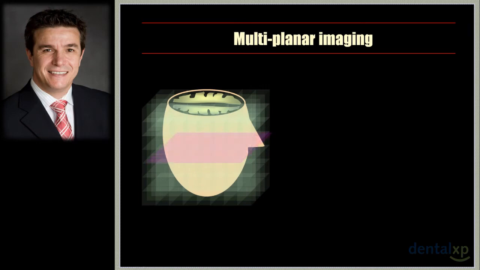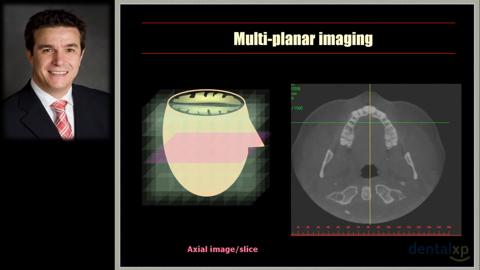So if we want to generate an image along this plane here, which is perpendicular to the patient's head, or axial plane if you wish, the computer will instantly generate a beautiful slice in that area, or if we wish, we can scroll throughout that volume in very thin axial slices.